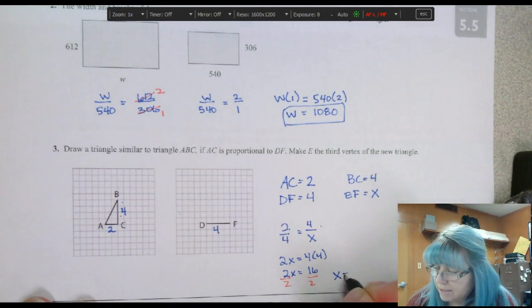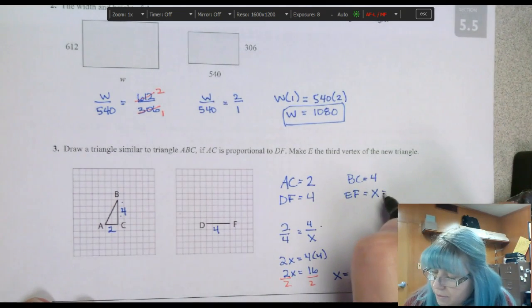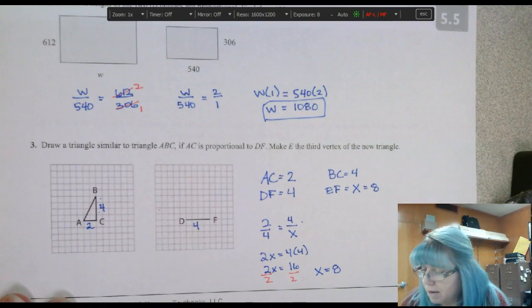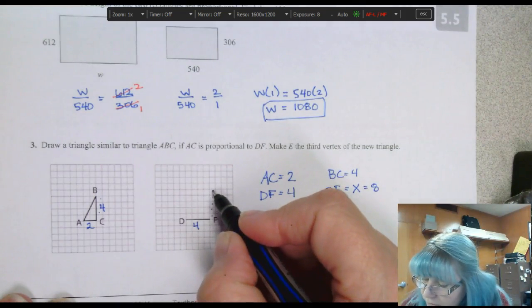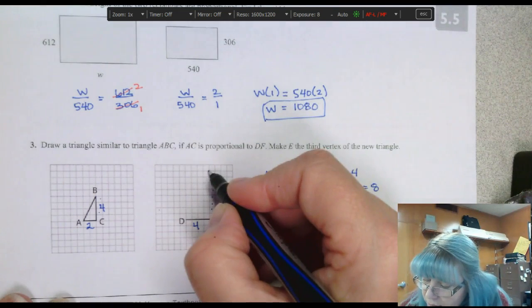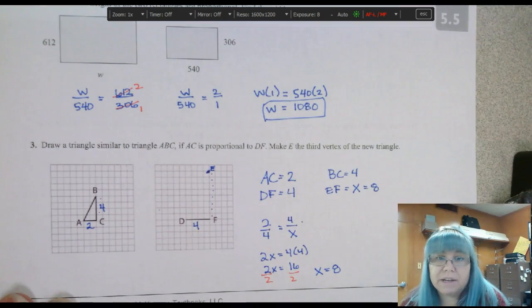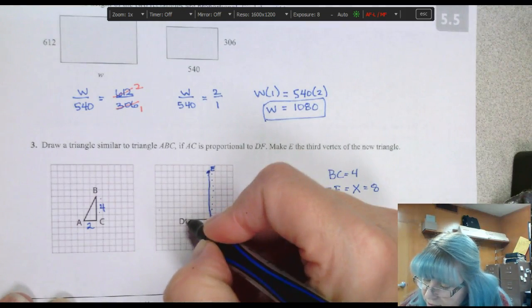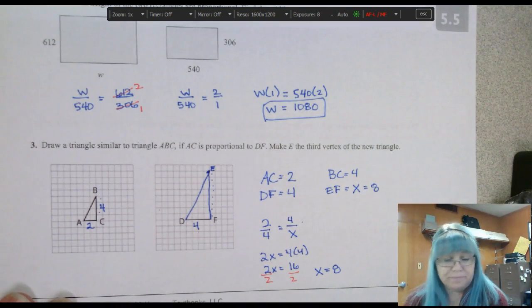Therefore, x must equal 8. Therefore, EF must equal 8. Okay. So 1, 2, 3, 4, 5, 6, 7, 8. So that means E must be way up there. And then it's just connecting the dots as best as I can without a straight edge.